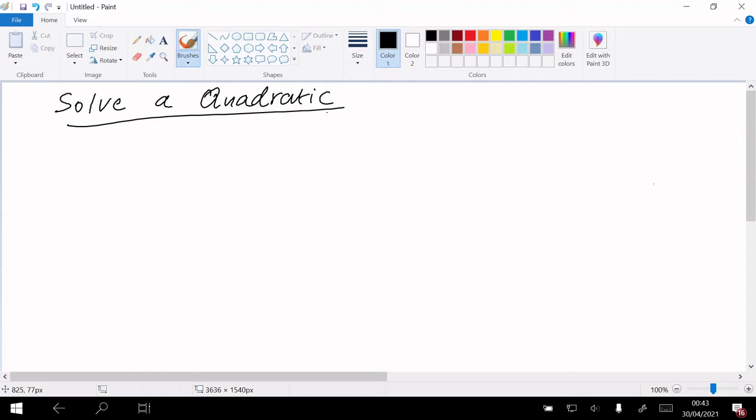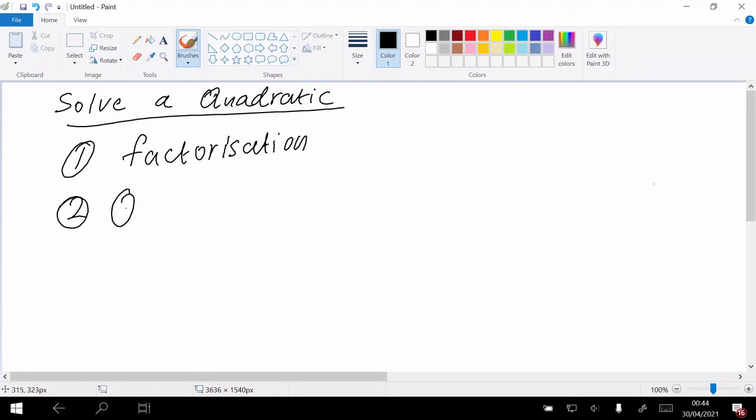Do excuse any kind of spelling mistakes. Let's just focus on the method. So the first method is by factorization. Second method is through quadratic formula.